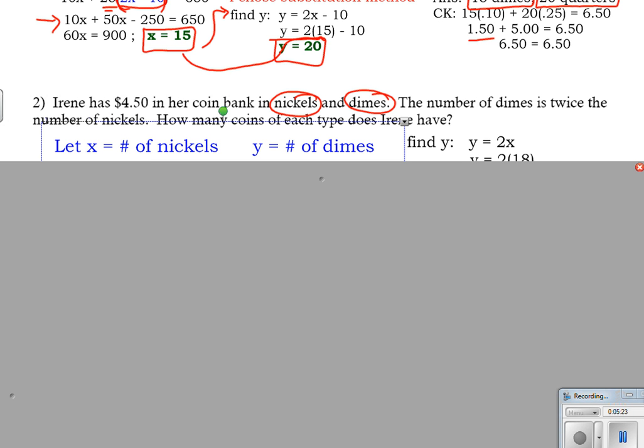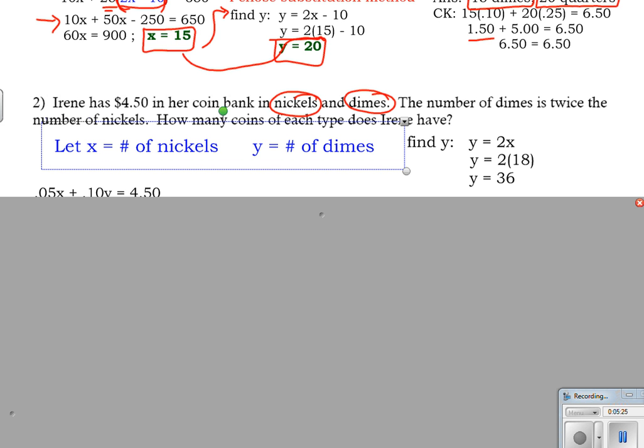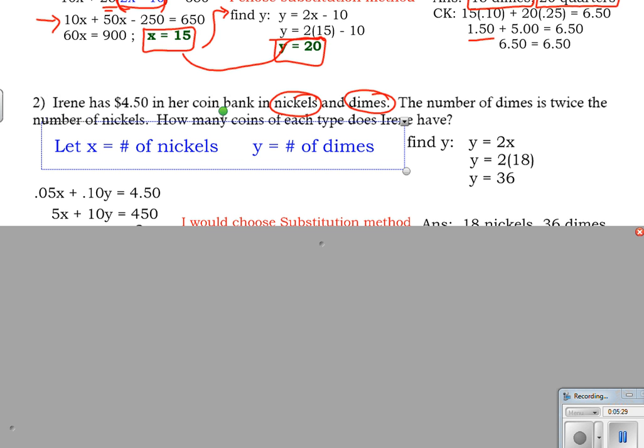So if I were to look at my equation, just like the one we just did, we have $4.50. So this represents the value equation. Nickels is going to represent the value of each x, and dimes will be 0.10y. I multiplied through by 100 to eliminate my decimals.